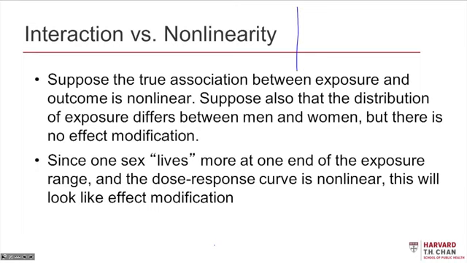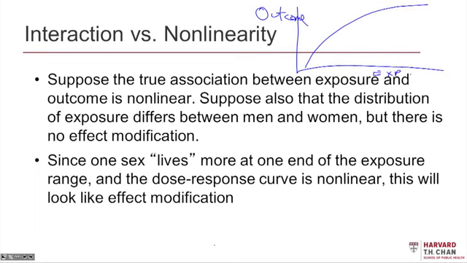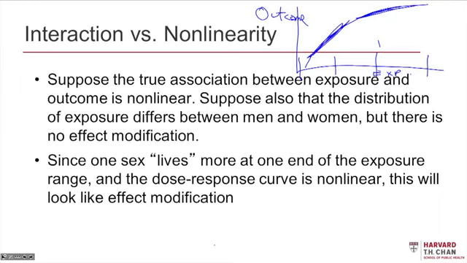So if the curve of response versus exposure looked like that, and women were mostly there, and men were mostly there, then the average linear slope for men is going to look like that, but the average linear slope for women is going to look like that.